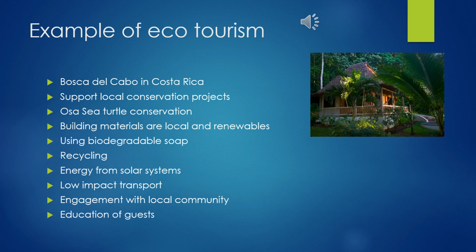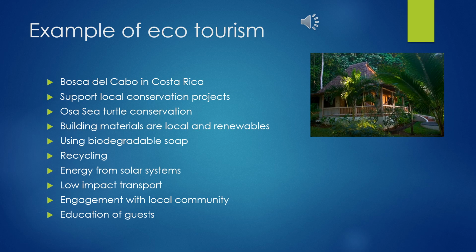In the book, there is an example of ecotourism, the Bosque del Cabo in Costa Rica. I'm not going to go into super much detail here, but they mention some of the things they try to do. This company supplies local conservation projects. They give money to local turtle conservation. They try to use building materials that are local and renewable.